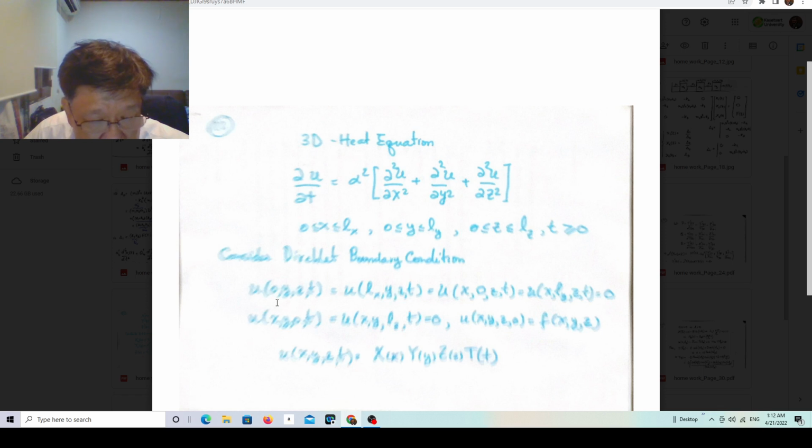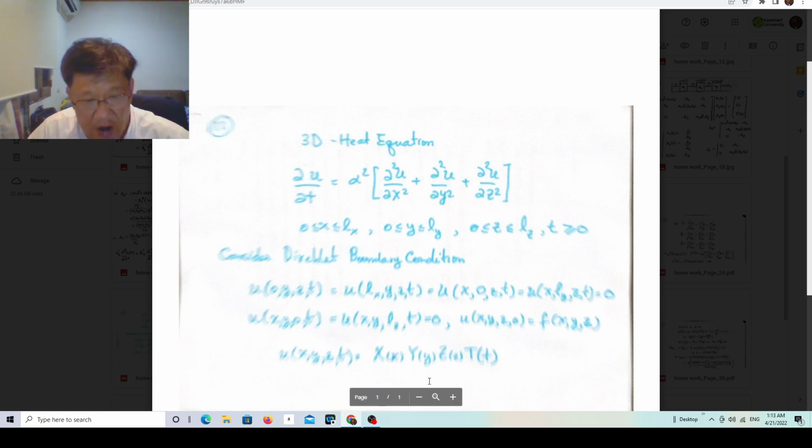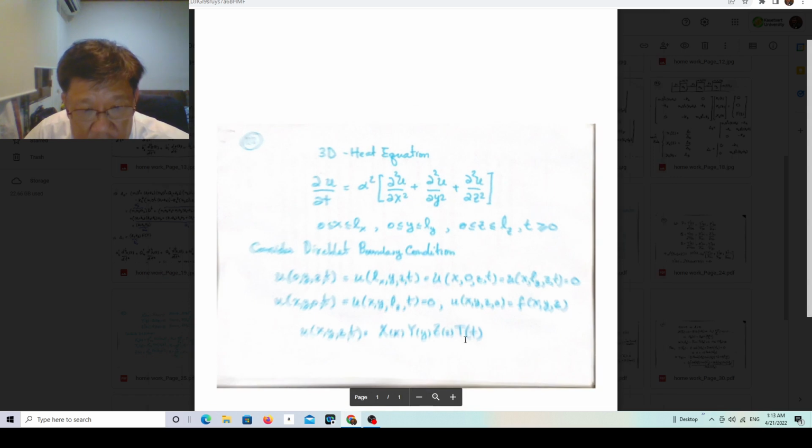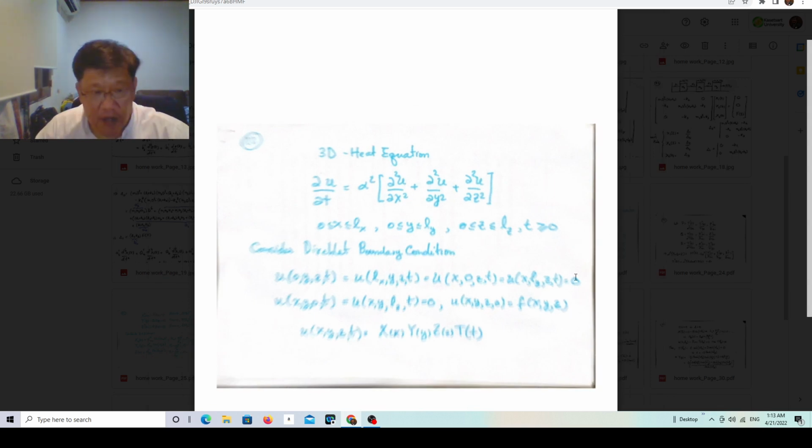At the boundary of x, y, and z, for any time t, u is equal to 0, except at time 0, where for any x, y, z in this finite domain u is equal to a function of x, y, z. So this is an expansion, and this is what you call the Dirichlet boundary condition.